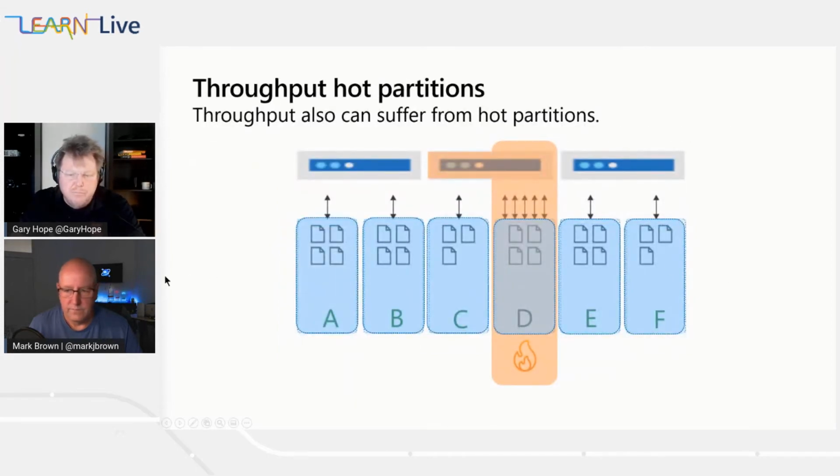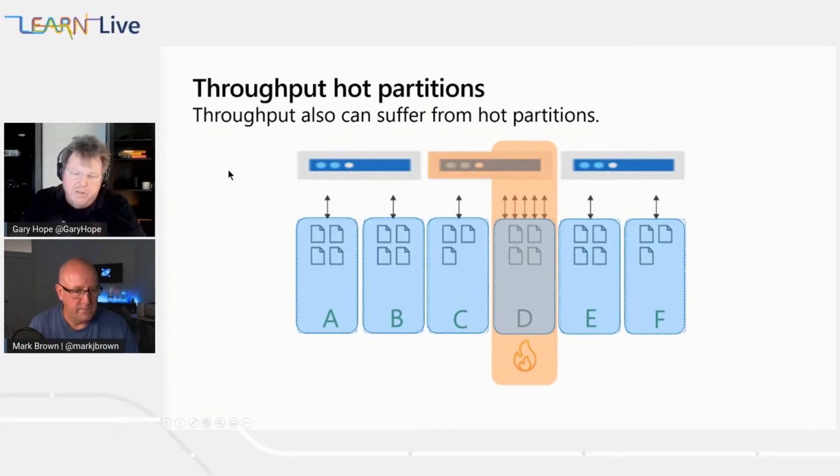In the case of throughput, we can also suffer from a hot partition. And that's where all operations or a majority of the operations associated with the way I'm accessing the data land on a single logical partition at a specific moment in time. And this creates a scenario where this partition is doing all of the work and all of these other partitions are wasting the resources that you've provided. So let's think about it.